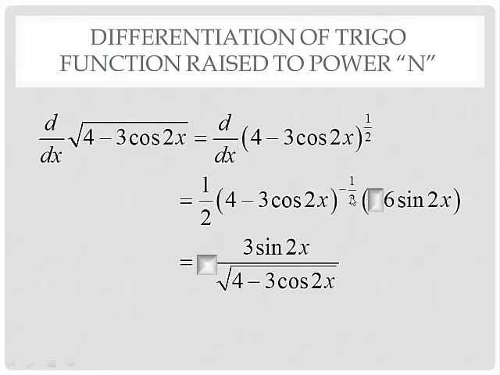With this bracketed term raised to power n, again we have the chain rule here. Power comes down, power minus 1, and we differentiate inside the bracket. So when we differentiate 4, we get 0. When we differentiate minus 3 cos 2x, we'll get 6 sine 2x.